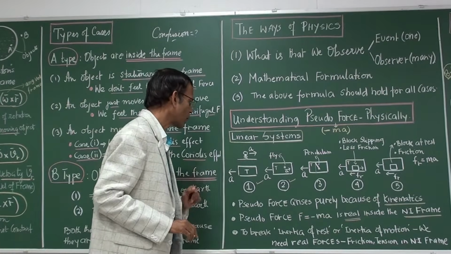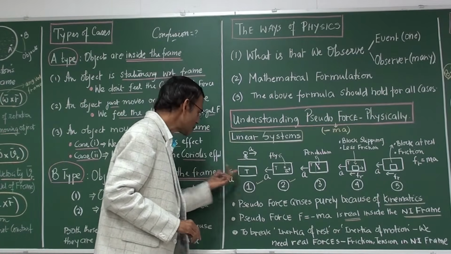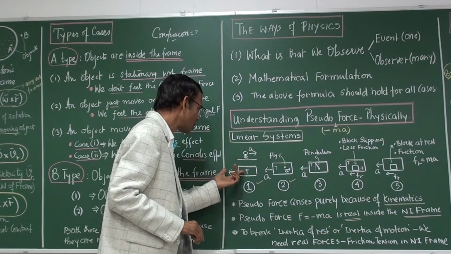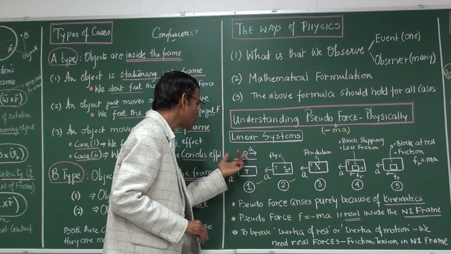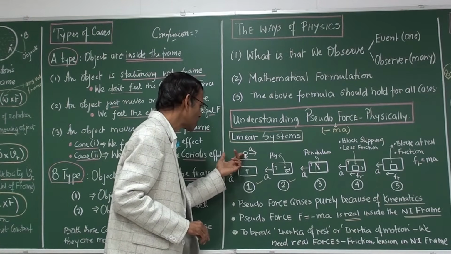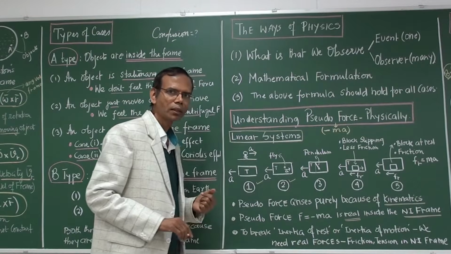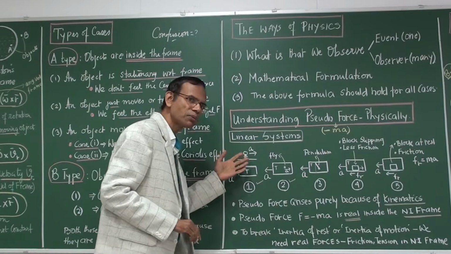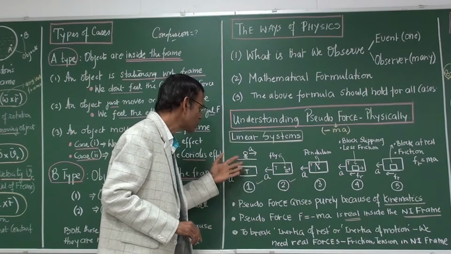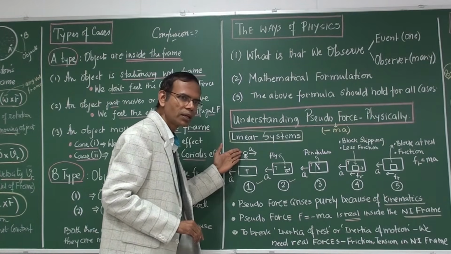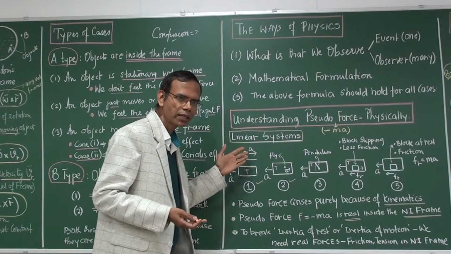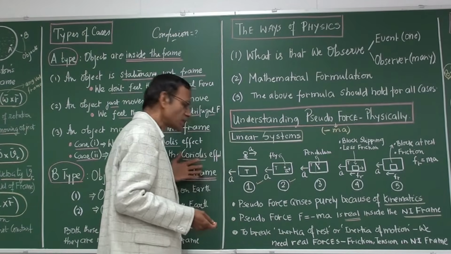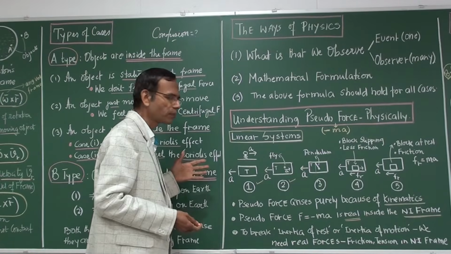Let us take the case 1. As the observer is there, he will observe that this person who is standing is going backward with an acceleration A. Why is he observing so? Because this person is at rest, and obviously he will be at rest. This person is moving with an acceleration a.